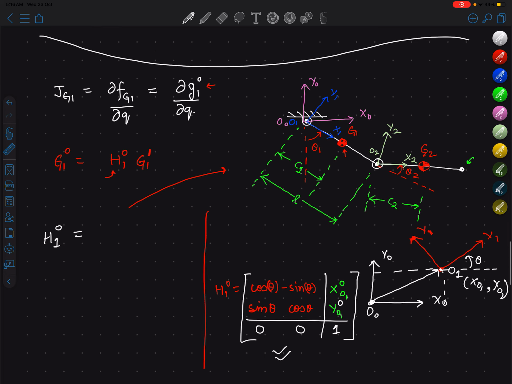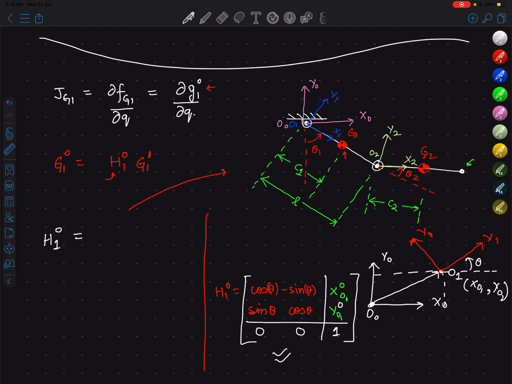Okay, but please note that the angle that x1 is making has to be counterclockwise. So the angle that we need to take here is between x0 and x1. So this is 270 plus theta 1 degrees, right?